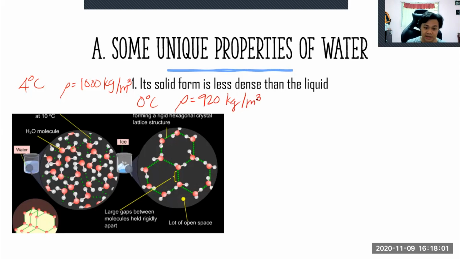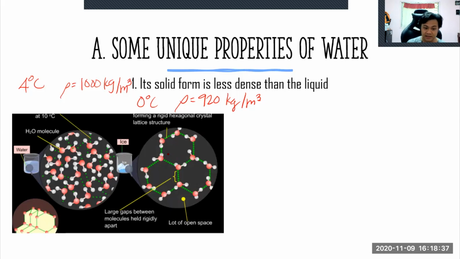So as you can see, it's really lighter than the liquid water. That's because there are only a few water molecules in a given volume. So maybe in a cubic meter, this much water molecules is contributing to its weight, right?